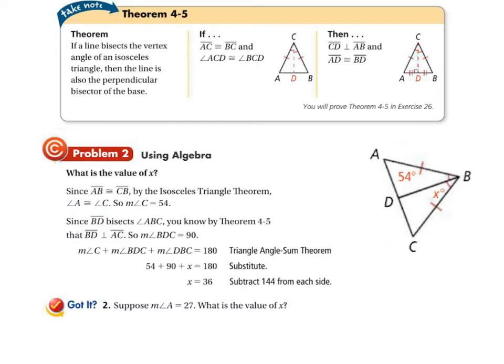So I had stated this earlier, that if a line bisects the vertex angle of an isosceles triangle, remember the vertex angle is this top angle between the two sides that are congruent, if we draw an angle bisector down, then this line that we drew is called a perpendicular bisector to the base. It's going to be at 90-degree angles, and it's going to split that side into two equal parts.